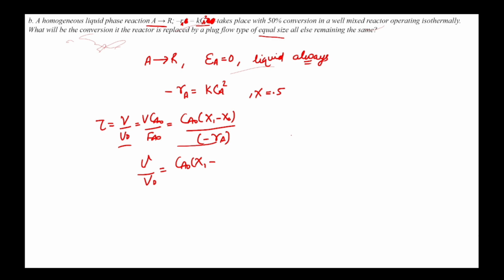Sometimes if it is partially converted feed, then the question will give the value of x naught, but right now it is 0. But it is good to write it so that you can remember. -rA is k CA square, right? Now we have to find V: V naught CA naught upon k CA square into 0.5. This is the value of x1.